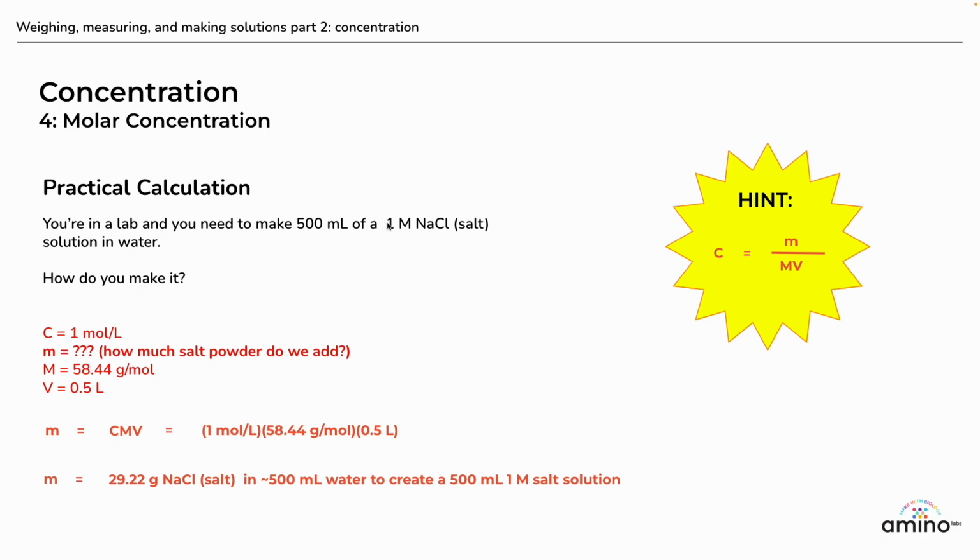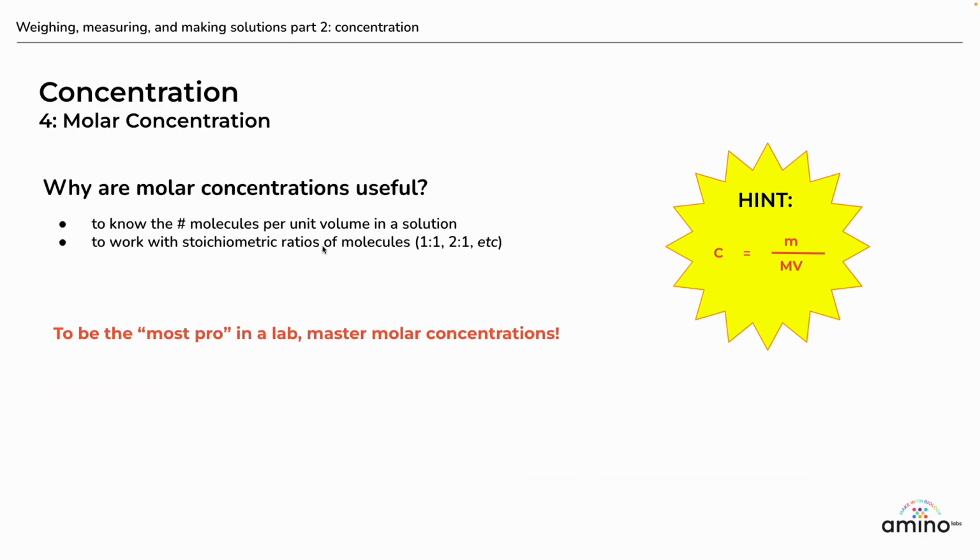By them both being 1 molar, you actually know that they have an equivalent number of atoms of sodium and magnesium. They are in similar numbers. So that's one of the most useful parts of molar concentrations: being able to work with stoichiometric ratios of molecules.